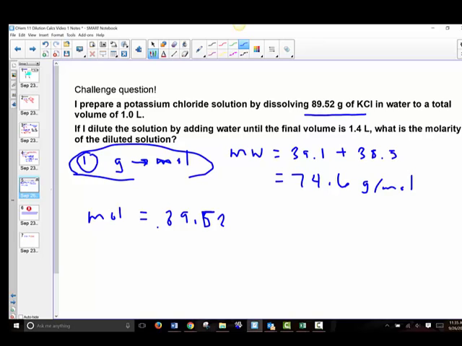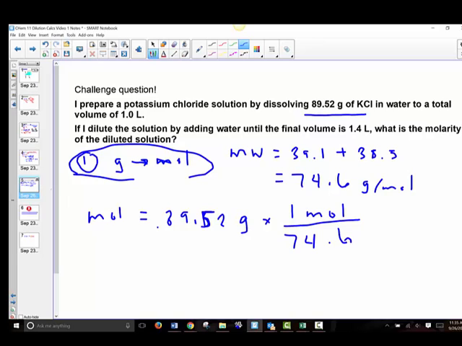Okay, and how am I going to convert from grams to moles? I'm going to have to use this conversion factor of molecular weight. Remember that every conversion factor can be written 2 different ways, so I could also have this with the mole on the top and the grams on the bottom, and that's exactly what I need to do because I want to convert out of grams, I want to cancel those grams, and I want to end up in units of moles.